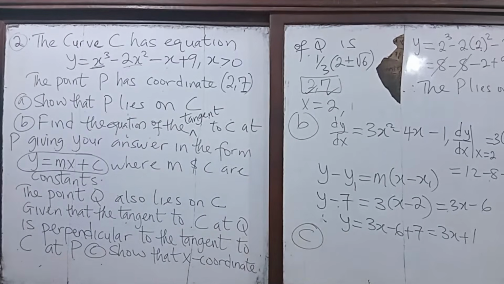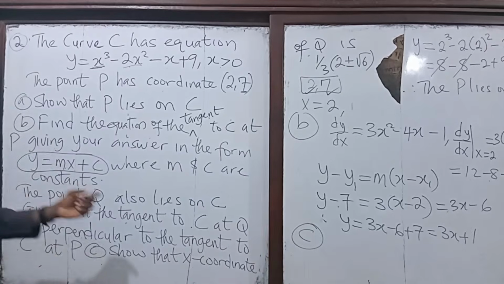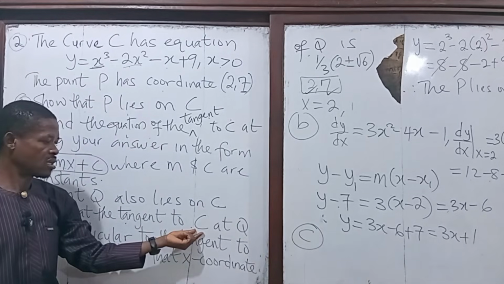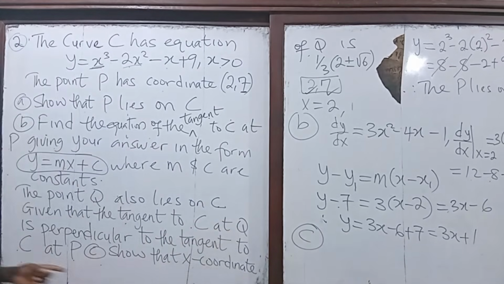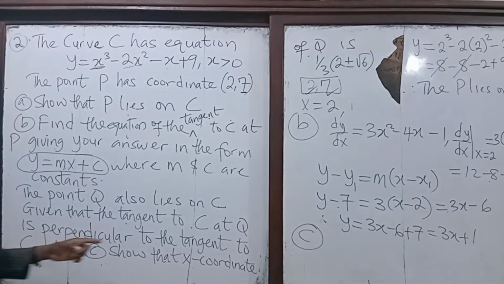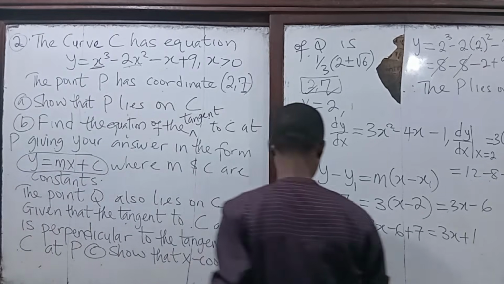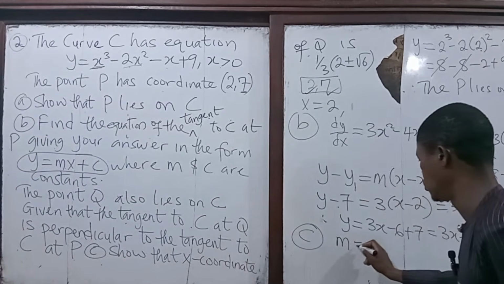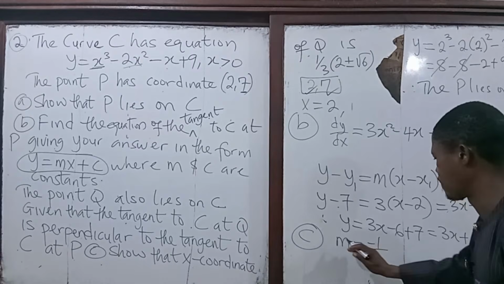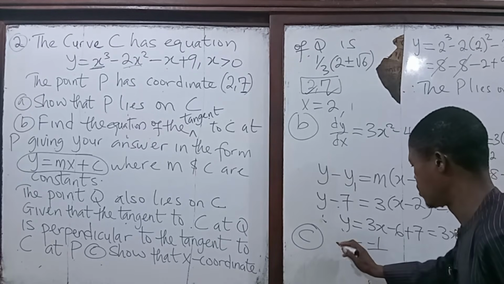Since we are told that the tangent to C at Q is perpendicular to the tangent to C at P, and the gradient of the tangent at P is 3, then m will be equal to minus 1 over the gradient.